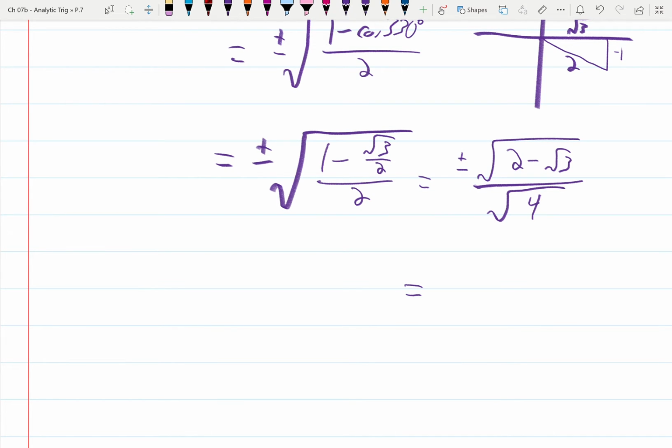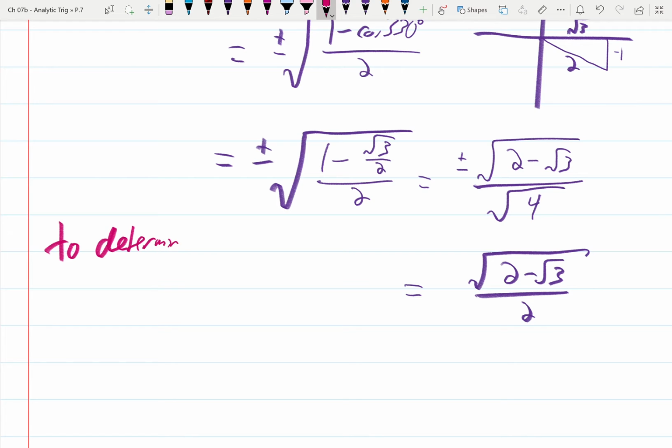And then as a final curtain call, we're going to decide if the actual value should have been positive or negative. To determine the positive or negative, look at the original problem. It's not nearly as hard as you think it is.